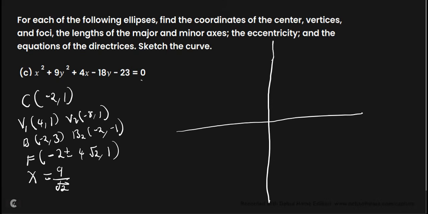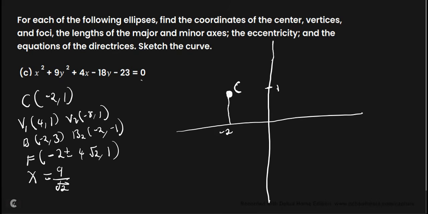So what was the center? It is negative 2 comma 1. So go where there's negative 2 somewhere, then go up there, find your 1, plot it, and this is your center.